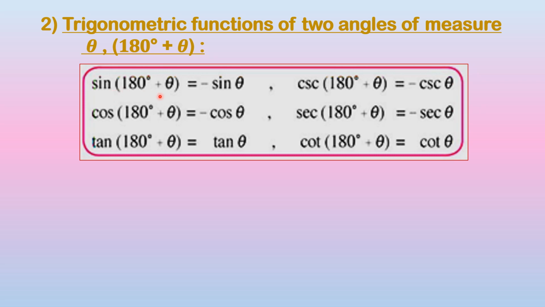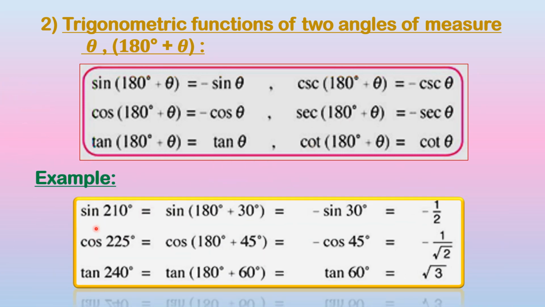That's because 180 plus theta is in the third quadrant, so sine, cosine, cosec, and sec are negative in the third quadrant, but tan and cotan are positive. For example, sine 210. 210 is in the third quadrant, so we put instead of it 180 plus 30.